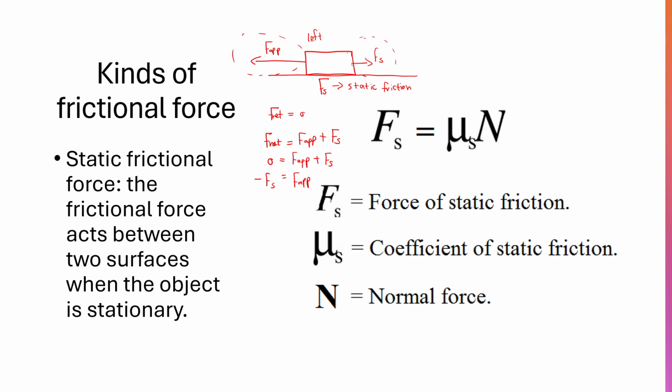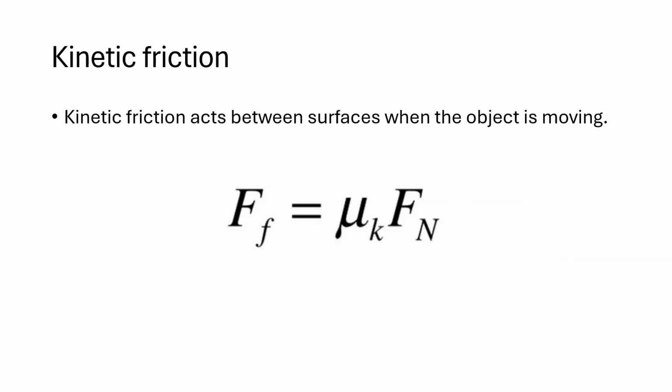Let's go into the next kind of friction, and that is kinetic friction. Kinetic friction occurs when the object is moving. So kinetic friction acts between surfaces when the object is moving. This definition is what we find in the exam guidelines for kinetic friction. You guys need to know this really well.